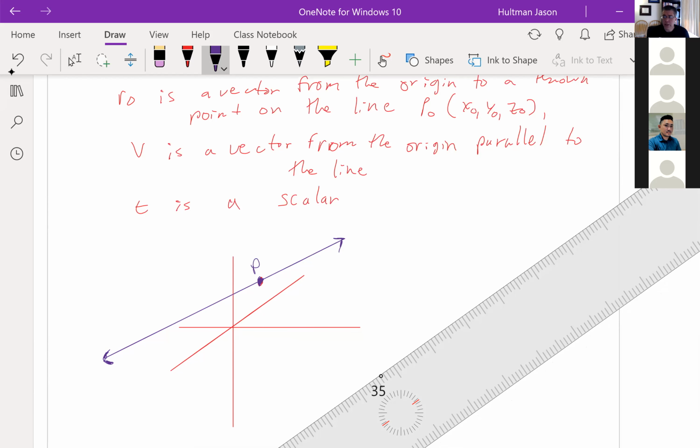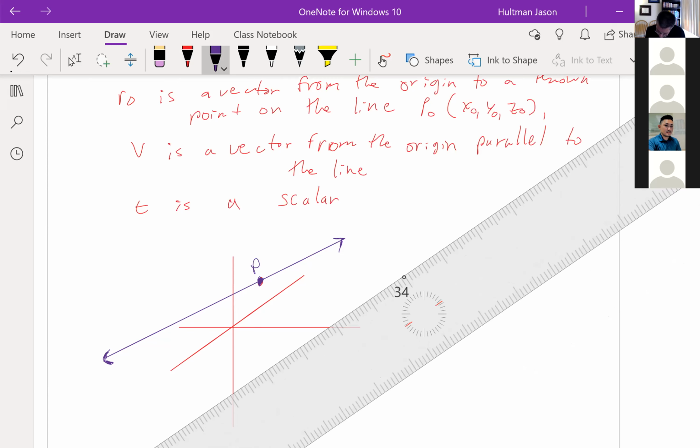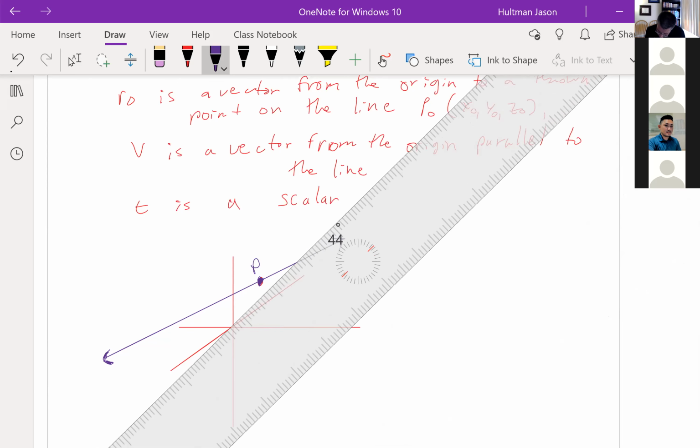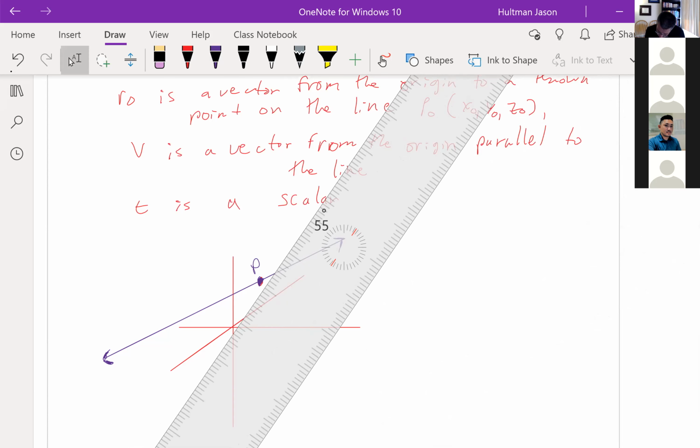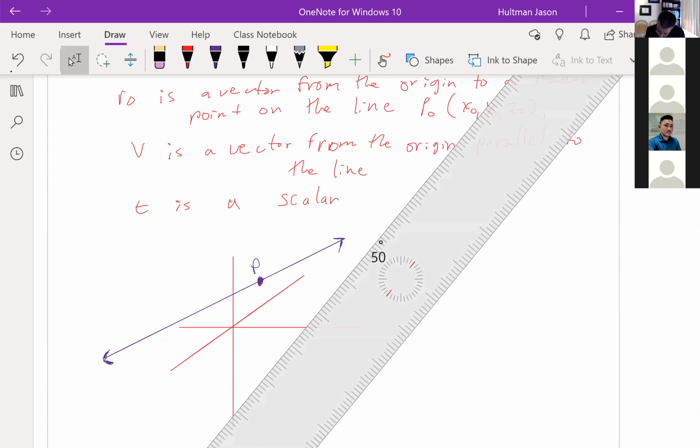So we need a point and we need a vector. Okay, the point that we're going to get is going to originate from the origin. The vector that goes from the origin to this point on the line, this is going to be called P naught.